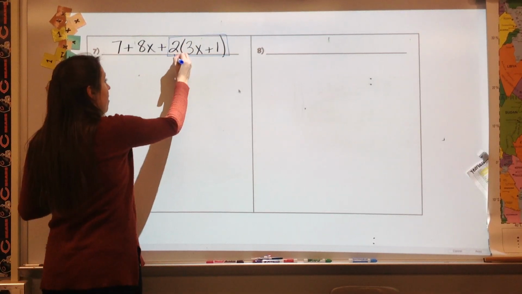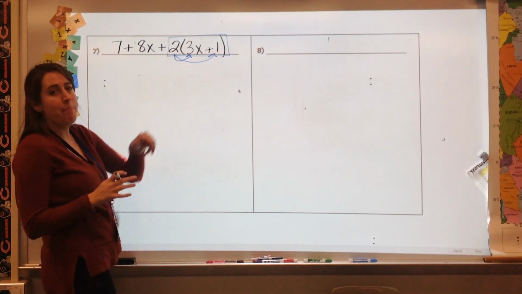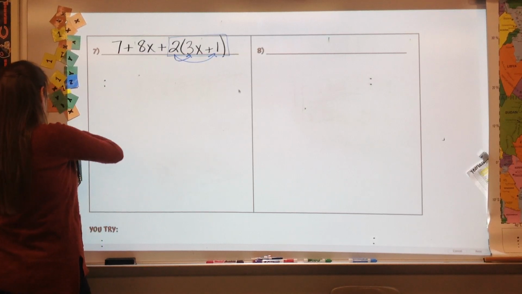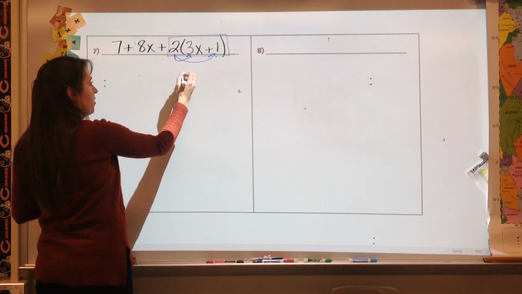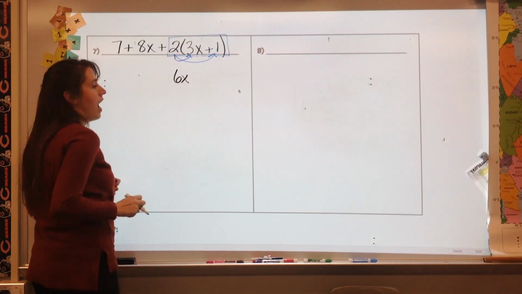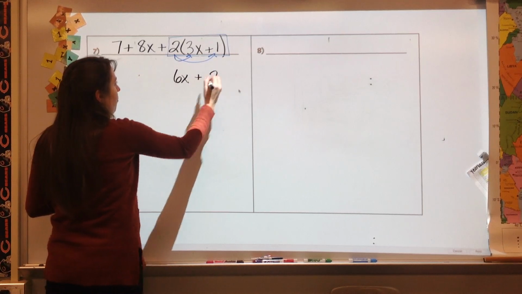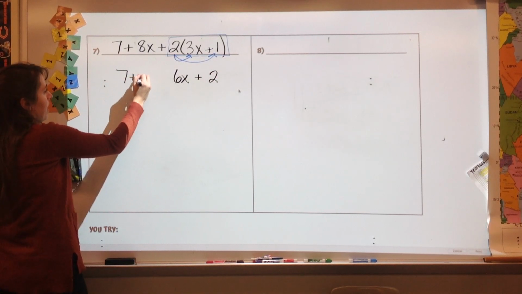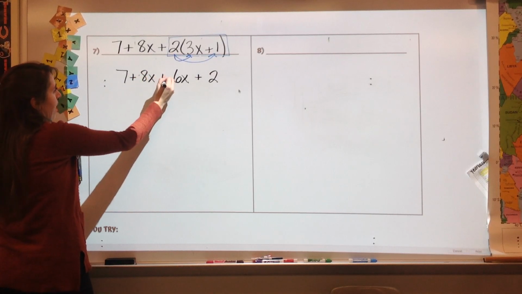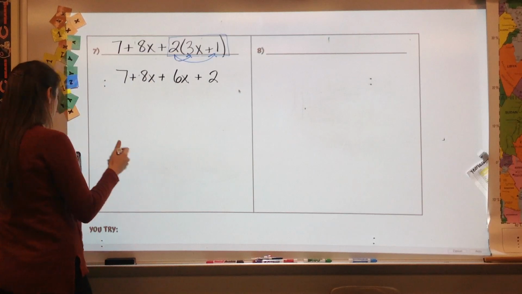So I'm going to draw my arrows in, because the 2 needs to be multiplied by both parts in the parentheses. So 2 times 3x, well 2 times 3 is 6, so 2 times 3x is 6x. 2 times 1 is 2. And then we bring anything else down. Bring down my 7, bring down my plus, bring down my 8x, bring down the plus. Again, we don't bring down the 2 because we already distributed that.